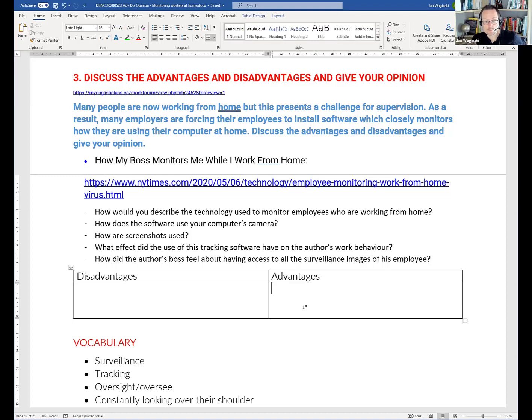So what were the major advantages? What was that example? We just talked about it like 2 minutes ago. Forcing people to log in early. Yep. Let's say it causes workers to log in on time. And what else?